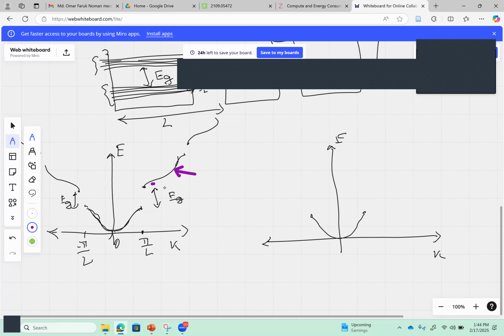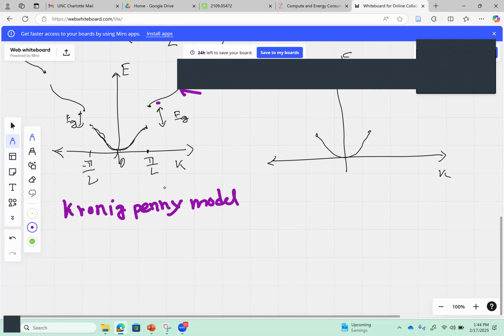we can actually translate it by a factor of 2 pi. Why? Because if you look into the Kronig-Penney model, from where we got this EK diagram, you will notice that the equation that governs the EK diagram contains a term of cos kx.